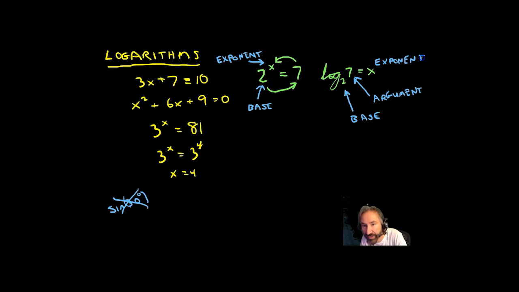Now, there's something very interesting about the fact that the x is the exponent. If log base 2 of 7 is equal to x, then this log, which I pronounce log base 2 of 7, must also be the exponent. I know, it's a little mind-blowing.